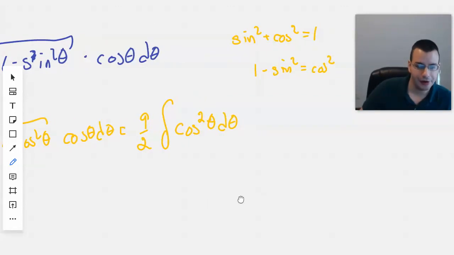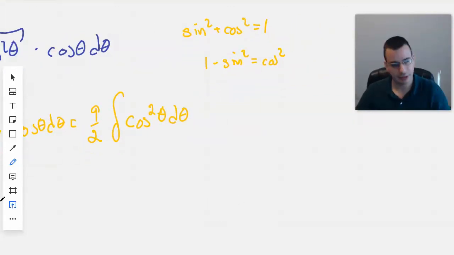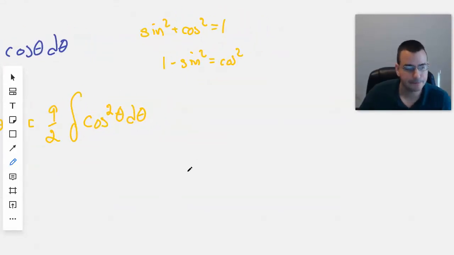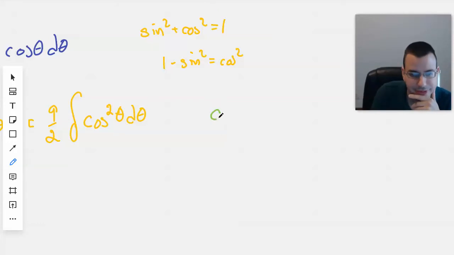So you're probably thinking, your heart sinks a little bit, because we're going to have to do a double angle formula. Indeed, this is going to call for a double angle formula. So let us recall our double angle formulas. Can I recall them? I don't know. I'm not nearly as smart as I like to think I am.